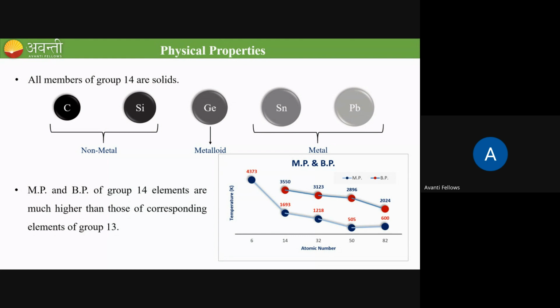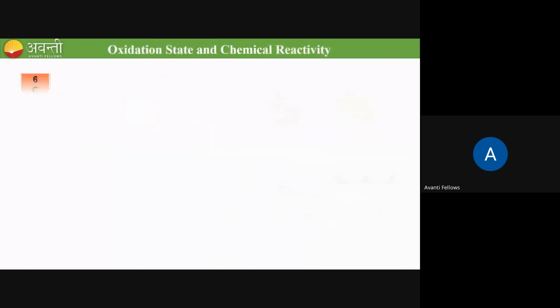Now coming to the oxidation state and the chemical reactivity of the carbon group. Talking about carbon, carbon has the highest ionization energy. Since its size is very small, ionization energy is very high for carbon. So what does it do?